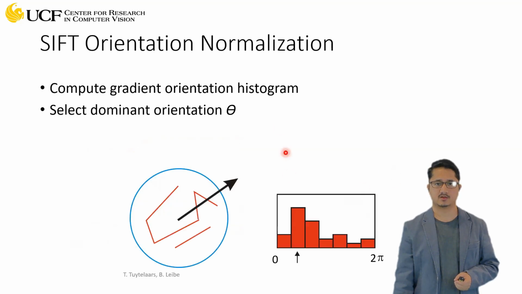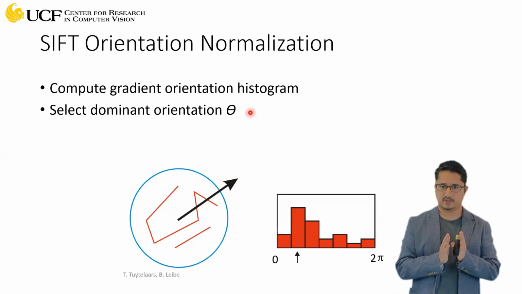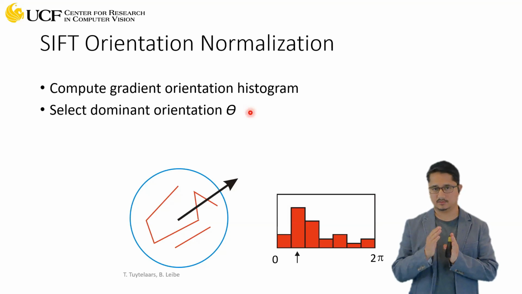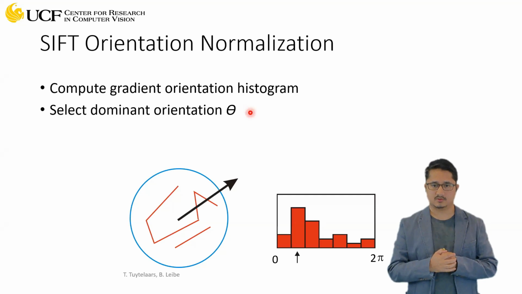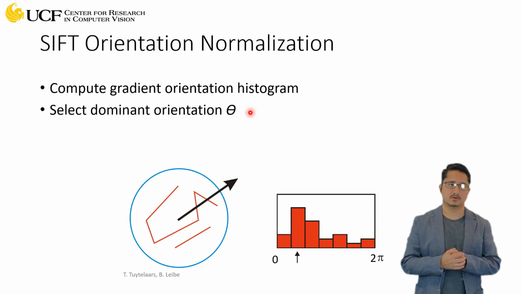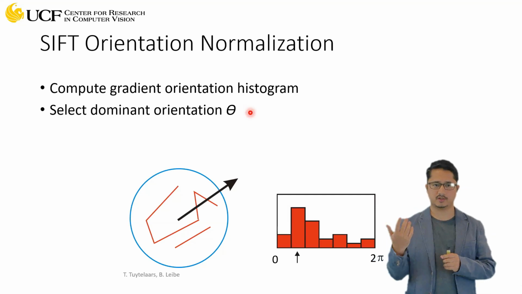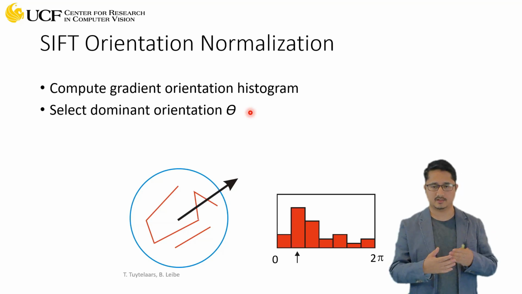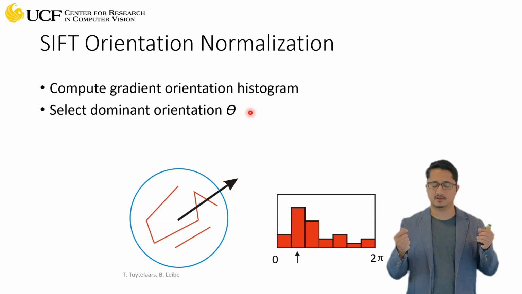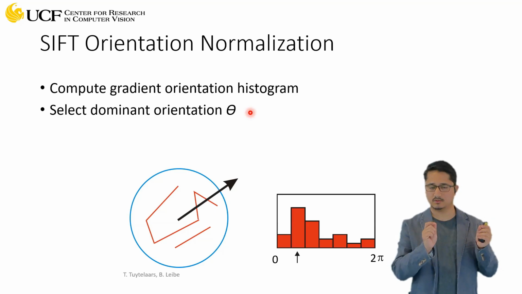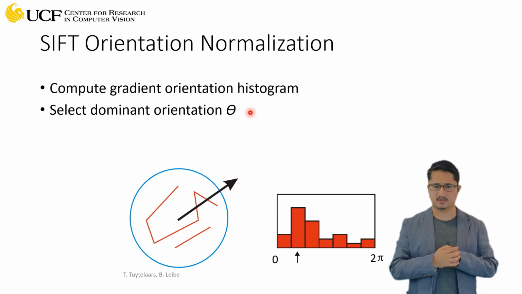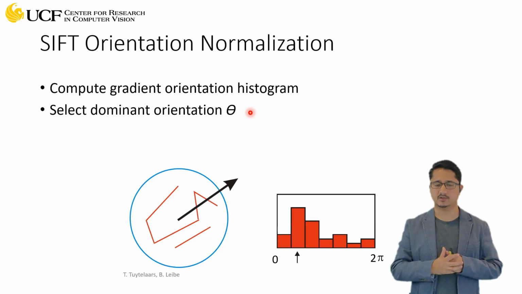Now, once you have the orientation, the next step is to normalize it. If your images are rotated, as we have seen earlier, it's very hard to compare the two, because the pixel locations will be shifted and the orientations will be different.